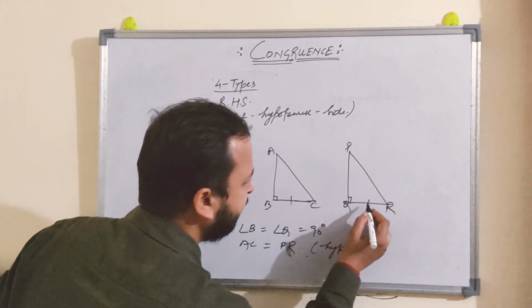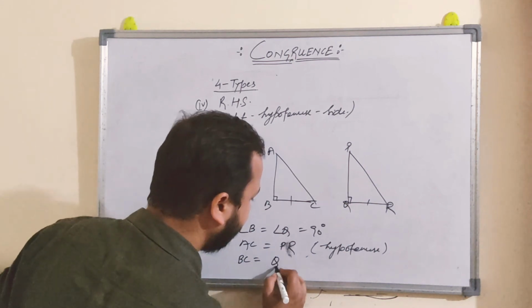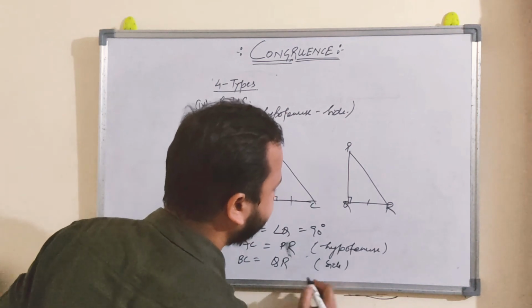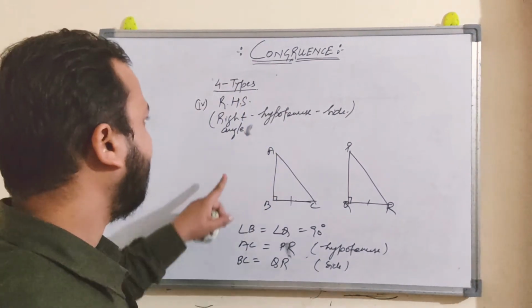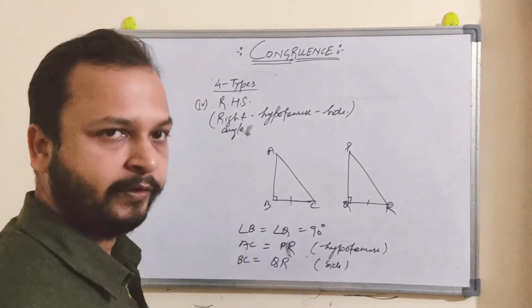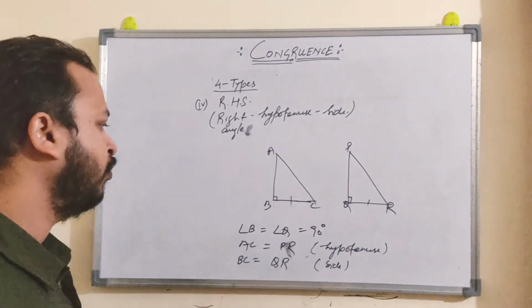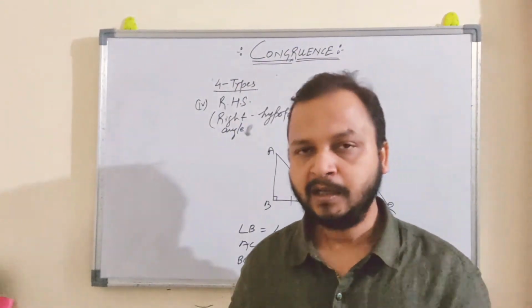So suppose BC and QR is also given. BC and QR, they are equal. Right, this is the side. So by this you can say that by RHS they are congruent. So these are the four types by which you can prove that two triangles are congruent.